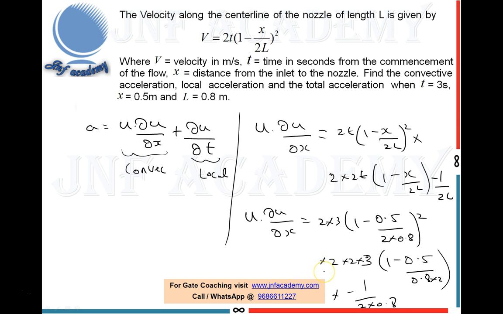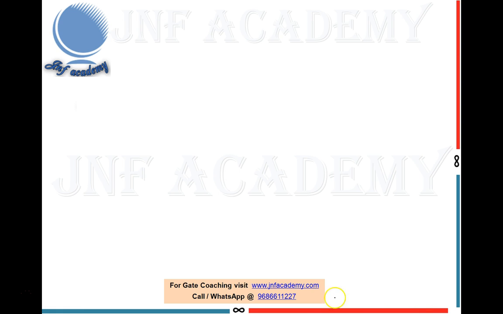If you multiply it, the answer we will get is minus 14.623 meter per second square, because it's acceleration. So now you have got the convective acceleration, u ∂u/∂x, equal to minus 14.623 meter per second square.